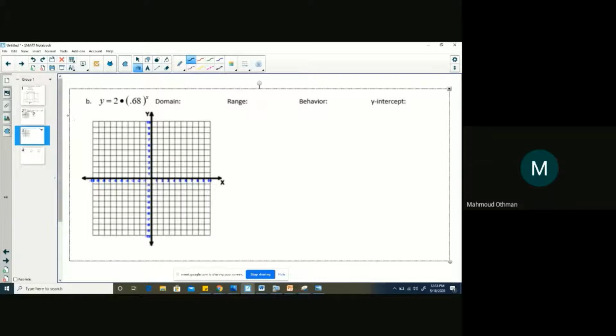Now for the next one, let's actually try graphing this guy first before we take a look at anything. Well, I guess one thing we could do is determine, is this a growth or decay function? Since b is less than 1, but it's greater than 0, this is going to have to be a decay function, so this function is going to get smaller.